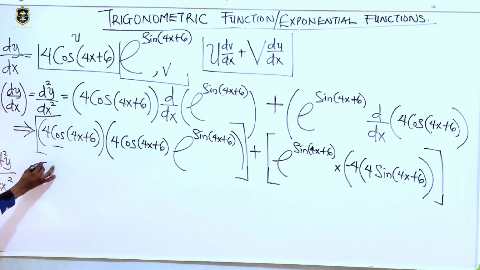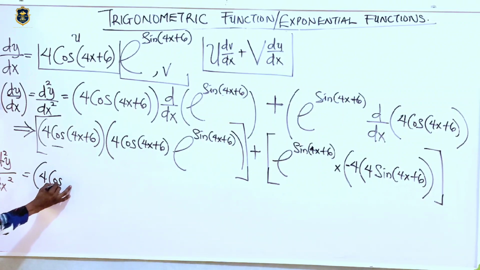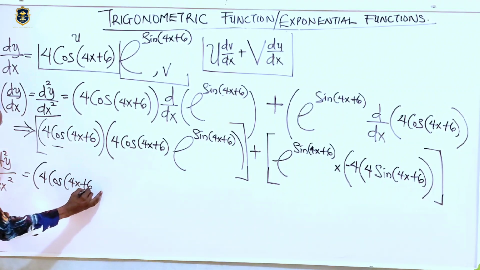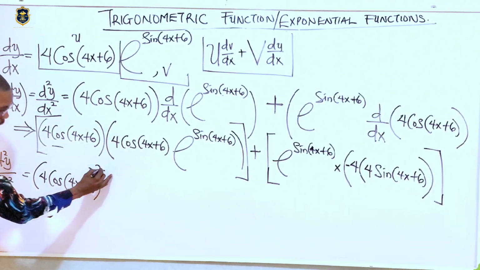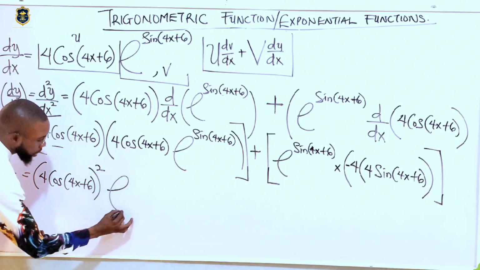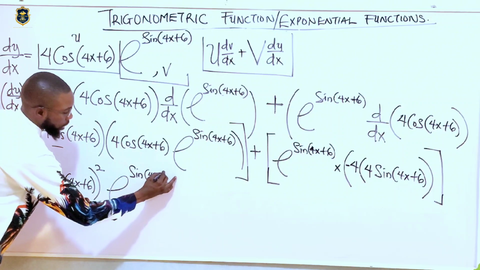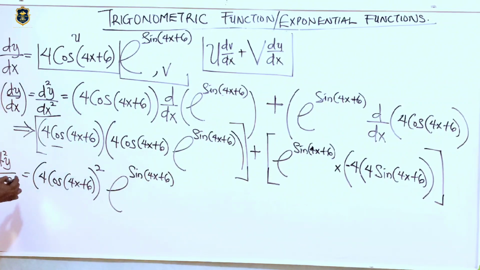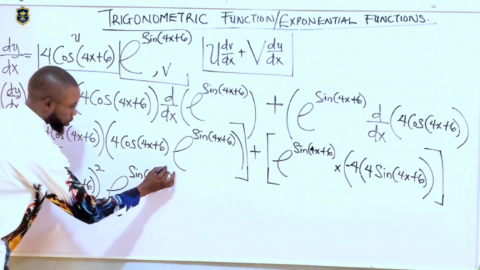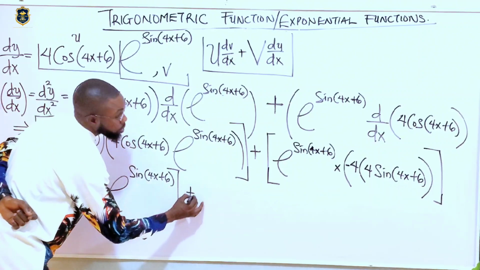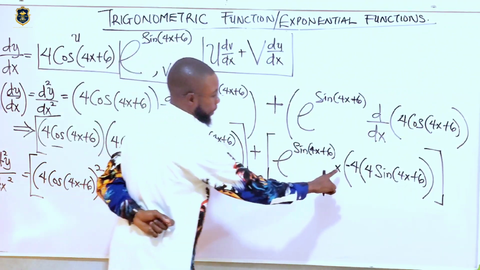So we just have 4 cos 4x plus 6, all squared, times e to the sine 4x plus 6 as the first one, in a curly bracket, plus, let's bring this one out first.